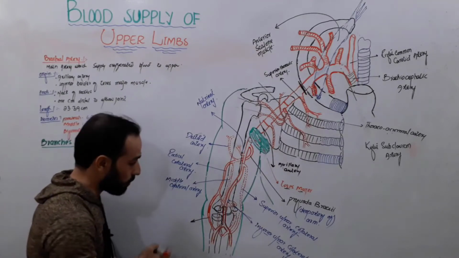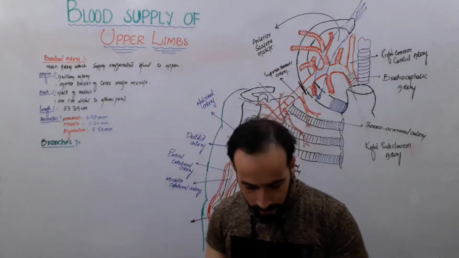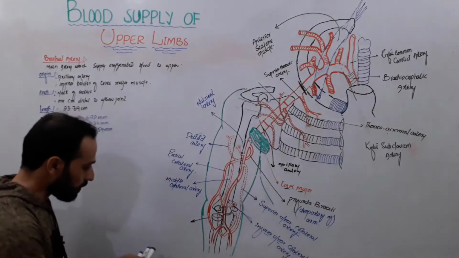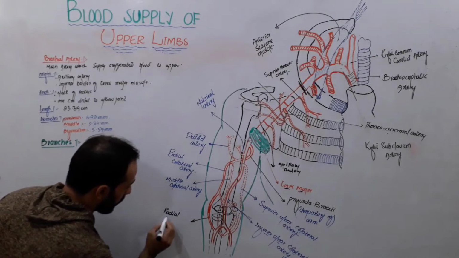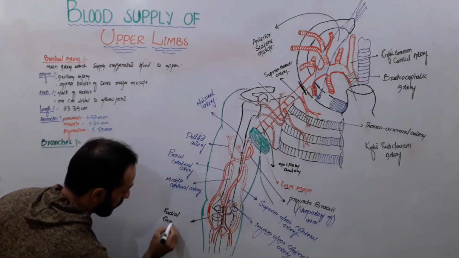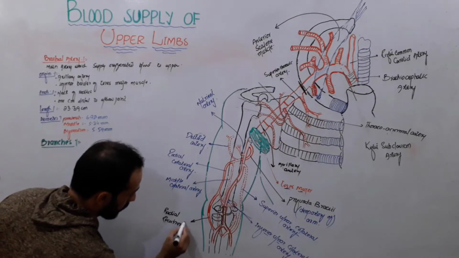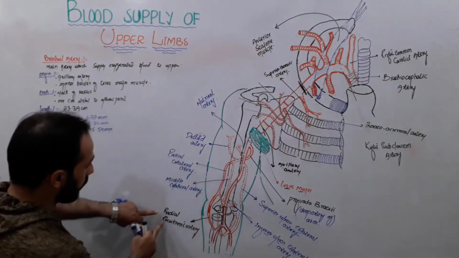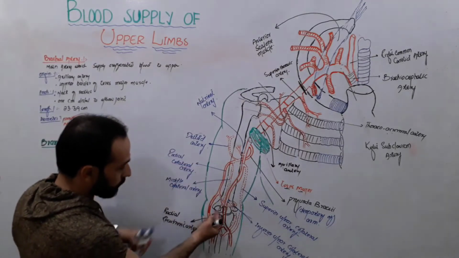I'm sure you are clear about this. What is this artery called? This artery is called the radial recurrent artery, right? Let me use black color. Radial recurrent artery, right? So this radial recurrent artery and radial collateral artery both anastomose at this point.